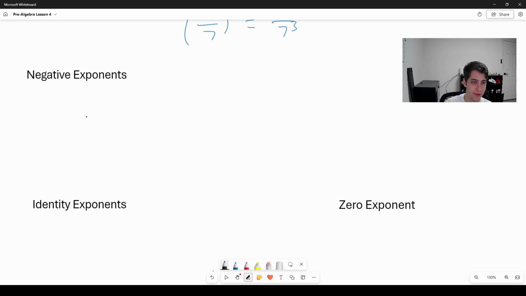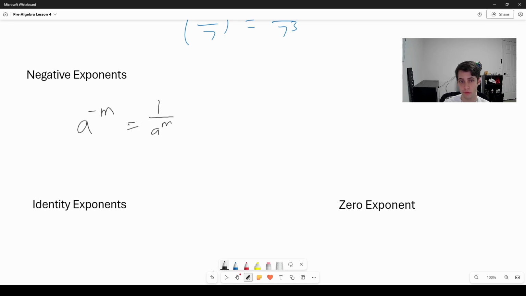What we can expect with a negative exponent would be something like this, a to the power of negative m. The cool thing about negative exponents is that it doesn't really matter what either of these are. It just means we take the reciprocal of what we have, which means flipping it over to the other side of the fraction. So in this case, our a to the negative m is actually the same thing as 1 divided by a to the m.